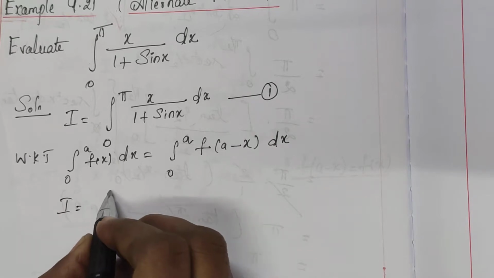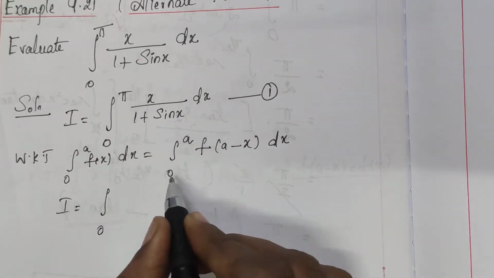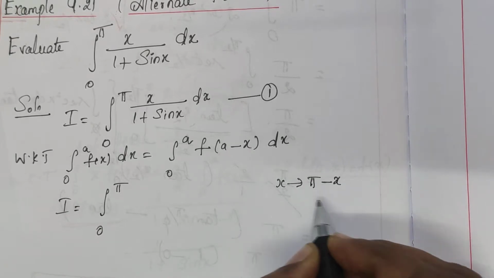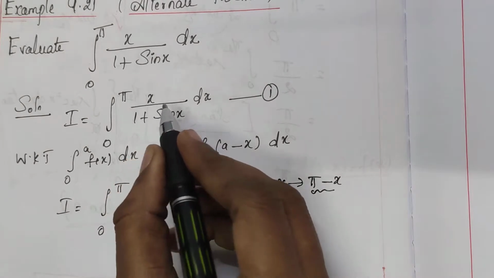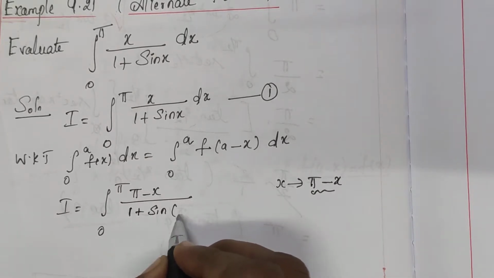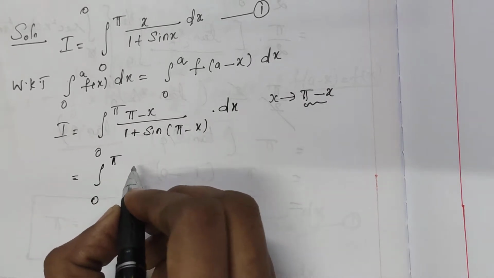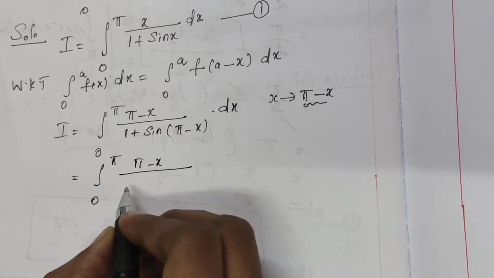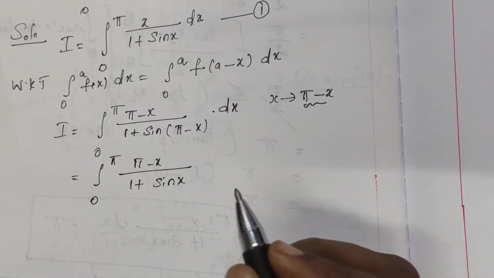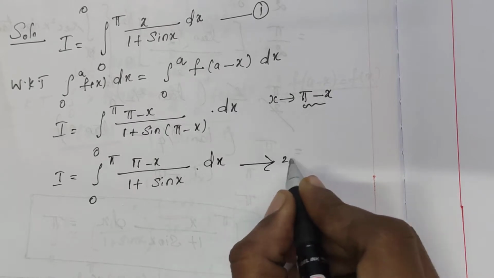Therefore I is equal to integral 0 to pi of (pi minus x) by 1 plus sin of (pi minus x) dx. Here sin of (180 minus x) is sin x, by the allied angle rule. So this is equal to integral 0 to pi of (pi minus x) by 1 plus sin x dx. This is equation number 2.